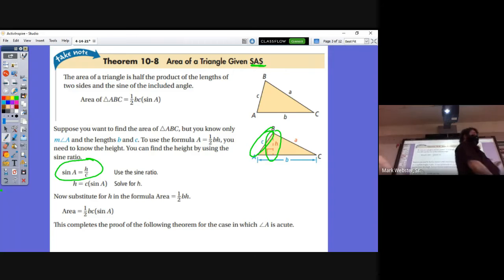How is this going to be helpful to us? If we think back to last week when I first introduced this, one of the things I did in the beginning was show you how to find one of those central angles for a regular polygon. You just say, I know that all the way around is 360. How many sides are there? There's 5 sides. Just divide by 5.